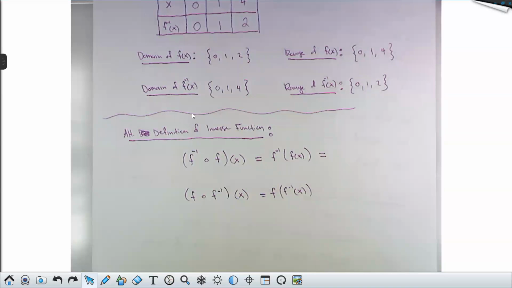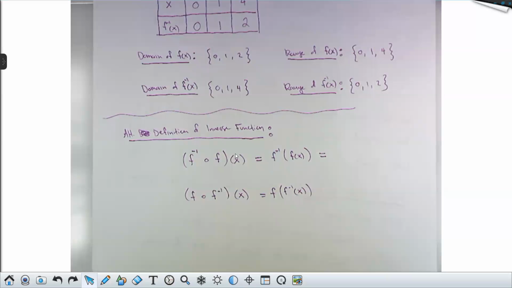I just want to go a little further. So if I take x, I do something to it, and then I exactly undo that thing, I should get back, not f of x. F of x is what we get after doing the thing to x.